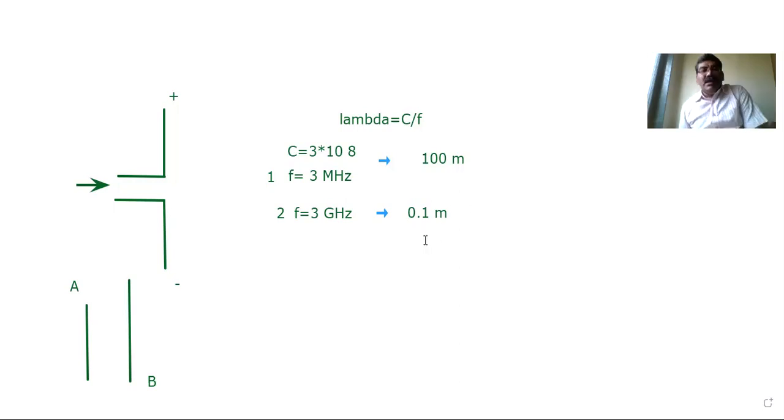Now the main important thing is to understand the physical significance of lambda. Why is the physical significance of lambda so important? For that, I'll explain here, I'll try to explain the importance of lambda.